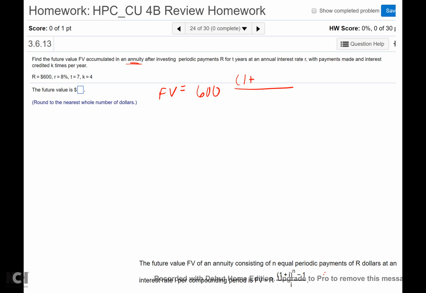Parentheses 1 plus I, which is your interest rate, so 1 plus 0.08 to the N, and N is the number of periodic payments of R dollars. So N is how many times you're going to make a payment, which is four.